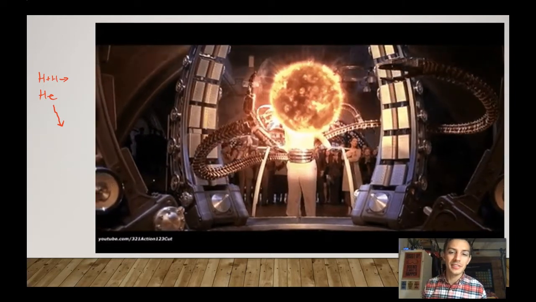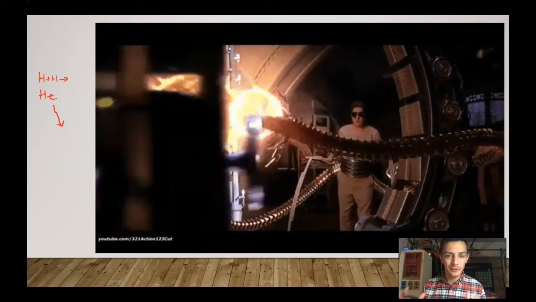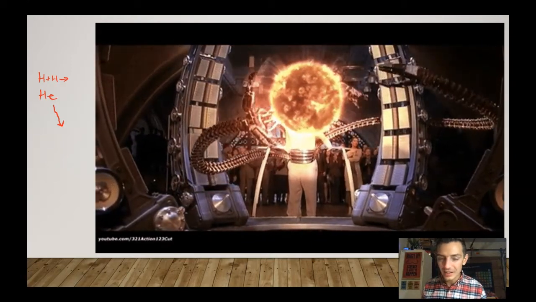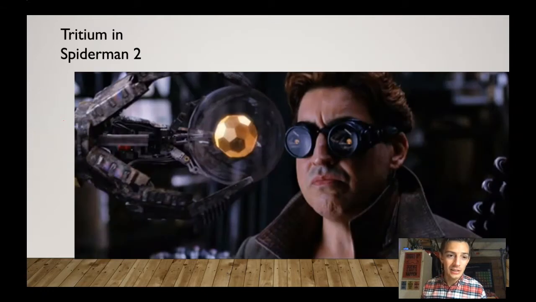I tell you about this not because we're going to study nuclear fusion. That's actually for another course, another time. But we're going to study isotopes. And in that movie, he uses this substance called tritium. That's supposed to be the tritium in Spider-Man 2, that they buy.